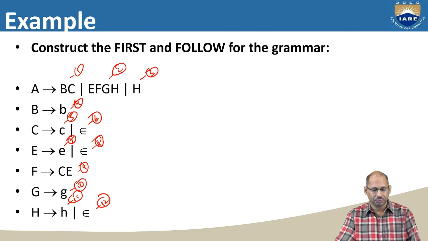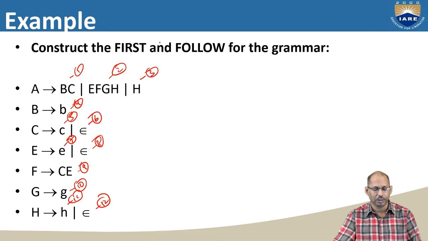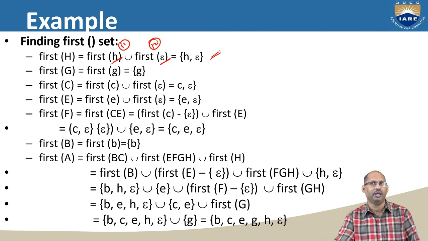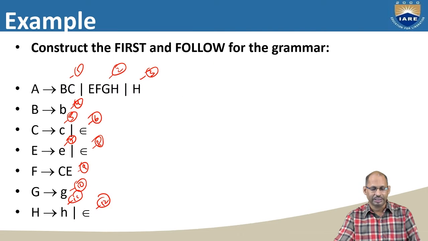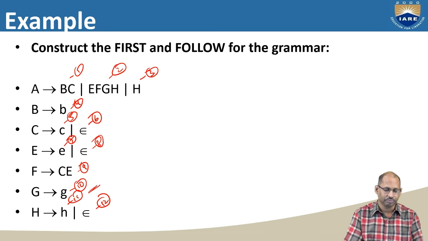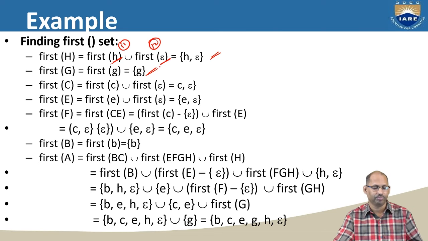For H, this is the 11th production and this is the 12th production. From the 11th production, it is H. From the 12th production, it is epsilon. So first of H is H comma epsilon. Then, what is the first of G? Simply G, so we write G only.